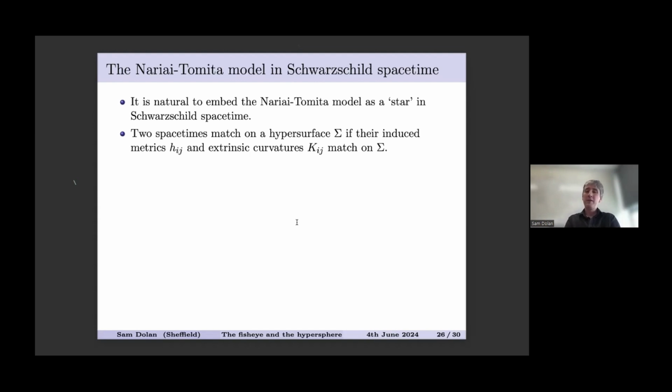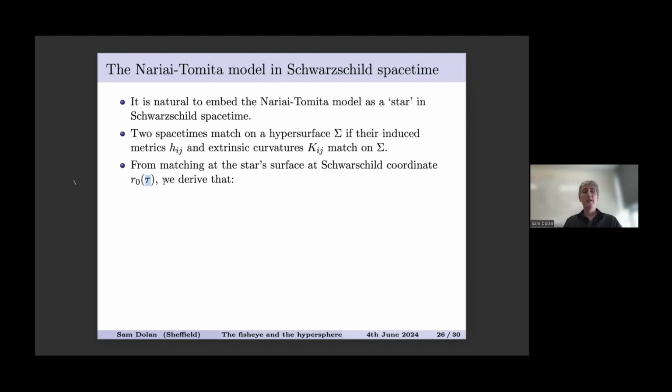Two spacetimes, interior and exterior, will match at a hypersurface if their induced metrics match and if their extrinsic curvatures match on that hypersurface. So that's the method to follow. It's only a little bit tedious to do. And we find from doing that matching at the star's surface, so here we're putting the star's surface at a radial coordinate r0 and allowing that to be a function of proper time on that surface.